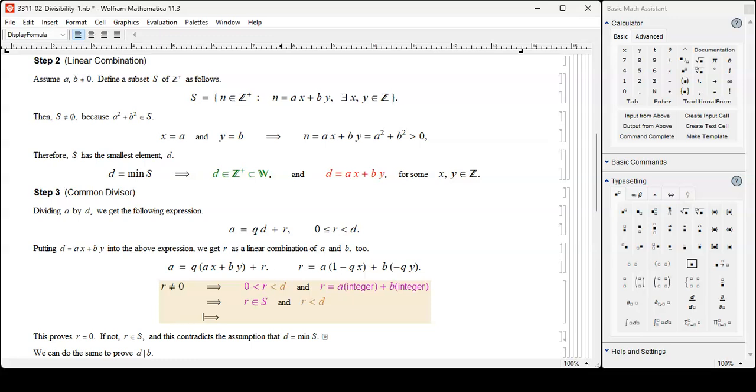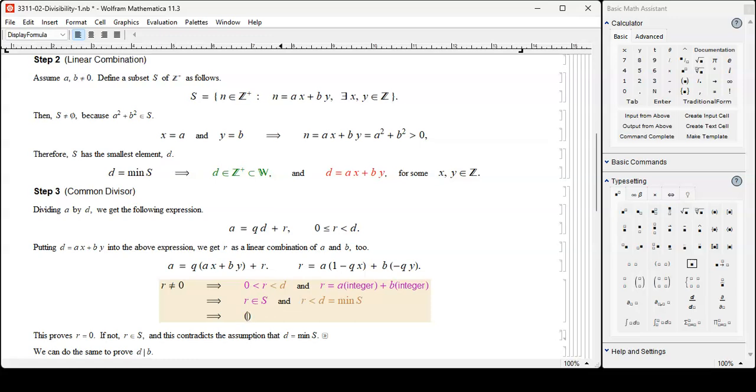R is less than D, but D happens to be the minimum of S. So R belongs to S, yet R is less than the minimum of S. That's a contradiction.